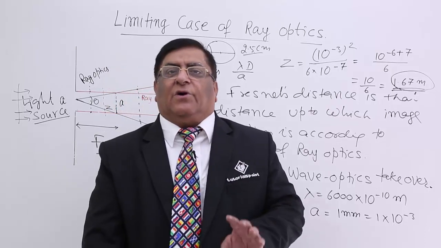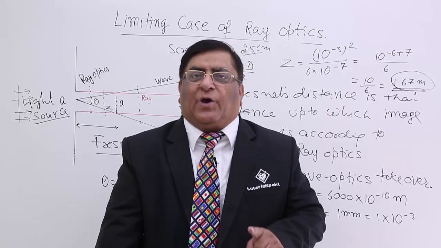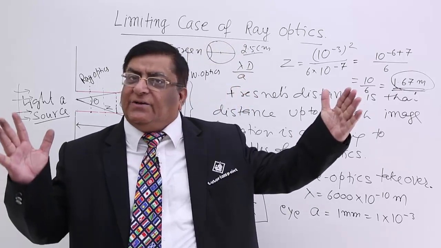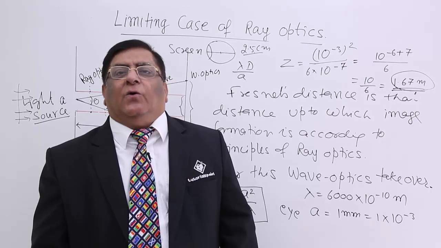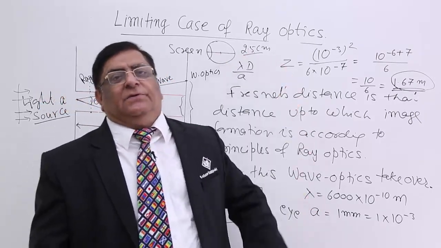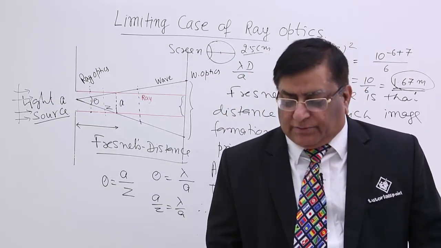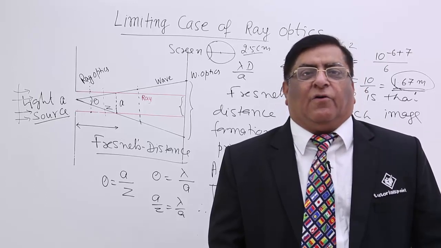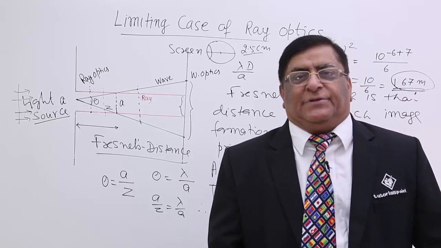So we are using all our experiments by ray optics methods because the distance is within Fresnel's distance. This is how we are using the limiting case of ray optics. So, with this we close this wave optics and we will start polarization from the next chapter. Thank you.